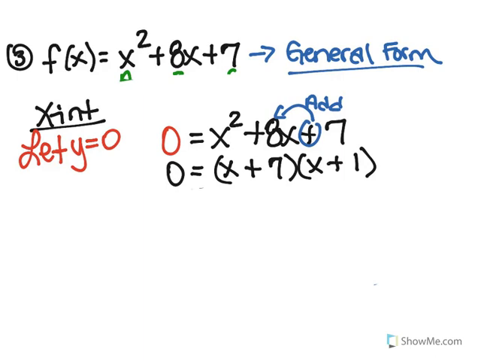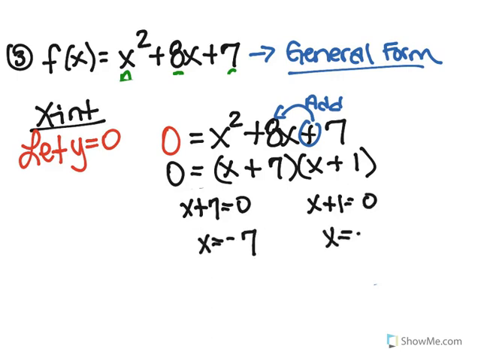Now, since it's set equal to 0, you set each parenthesis to 0 to tell me where it's crossing, which is going to be the opposite. We know it's crossing at -7 and -1. Those would be our x-intercepts. So just factoring it gives me my x-intercepts, okay? It's crossing at -7 and -1.